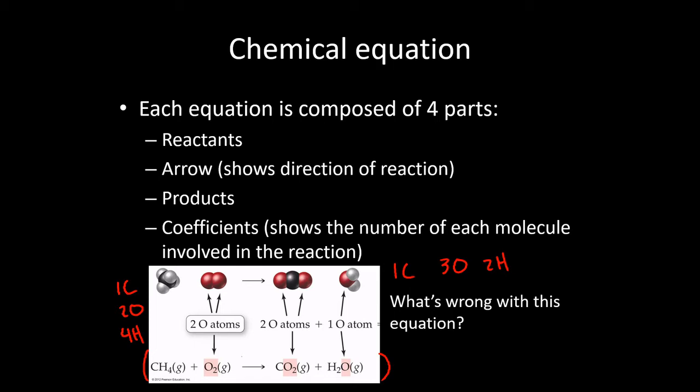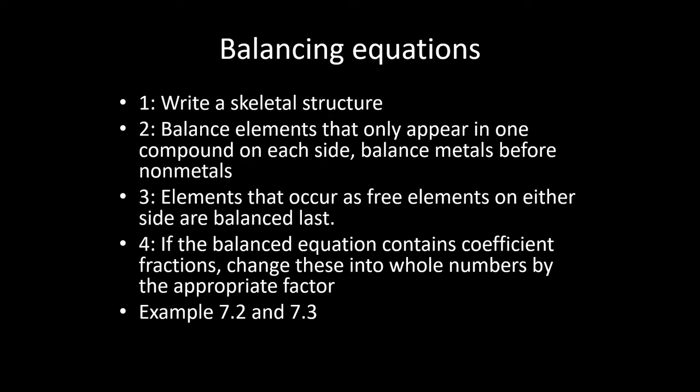It's not possible. So if we have 2 oxygen atoms on the left side, we better darn well have 2 oxygen atoms on the right side, and only 2. Otherwise, we need to do something to fix that. And what we can do to fix it is balance the equation.